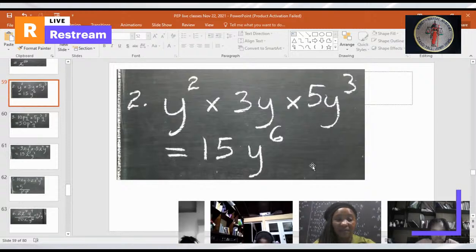It has a value. Same for the powers. We don't write y to the power of 1, but we must remember that y by itself is y to the power of 1. In this case, where we're adding the indices, we need to add that 1. So it's 2 plus 1 plus 3, and that's how we got the 6.